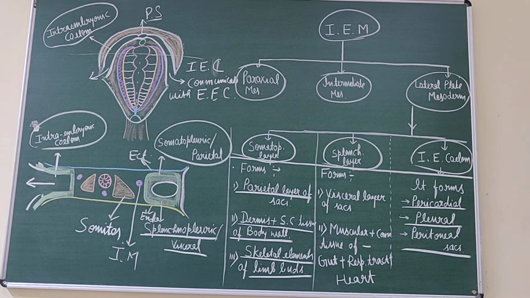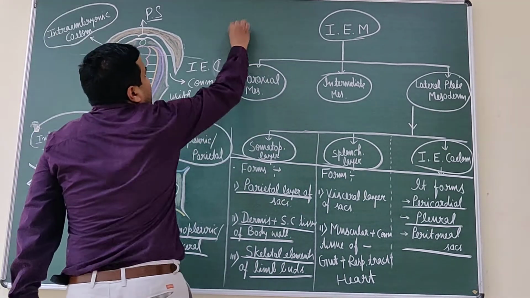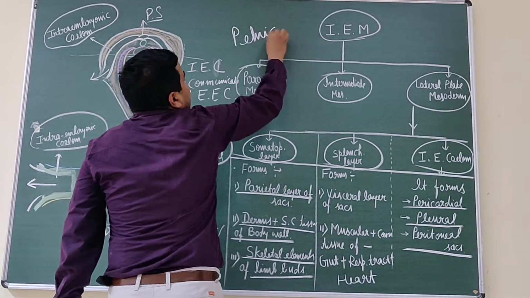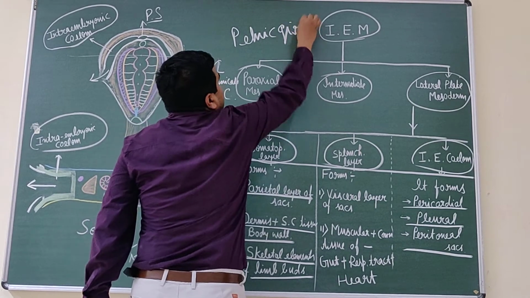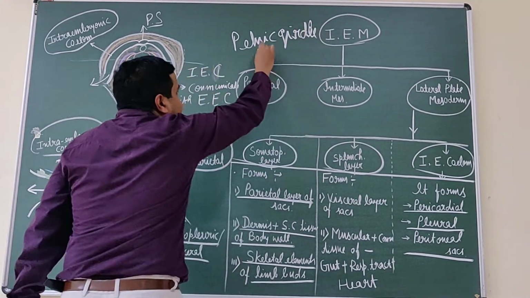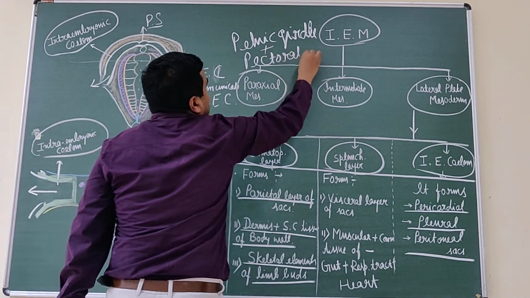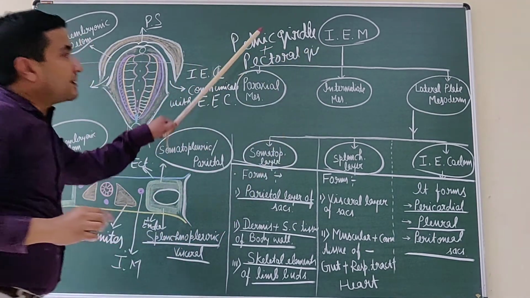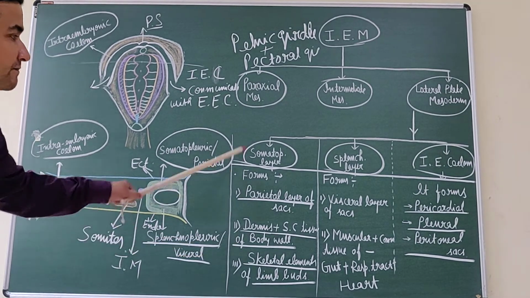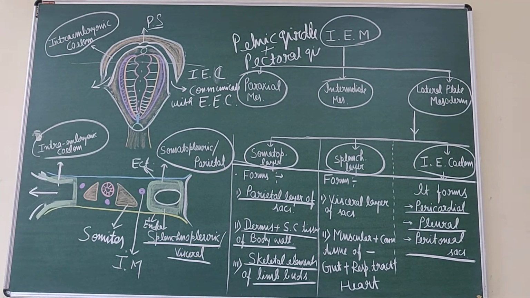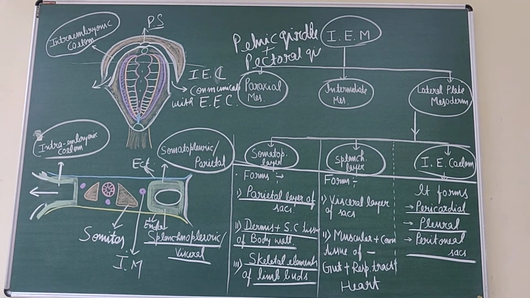This includes the pelvic girdle plus the pectoral girdle. The pelvic and pectoral girdles are derived from this somatopleuric layer of the mesoderm in the future.